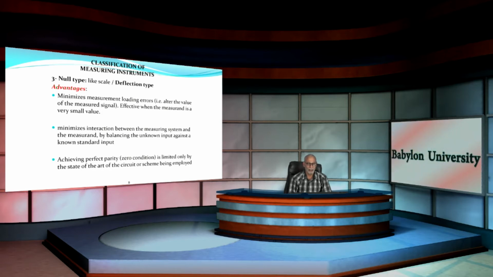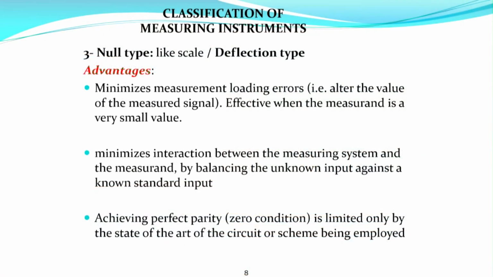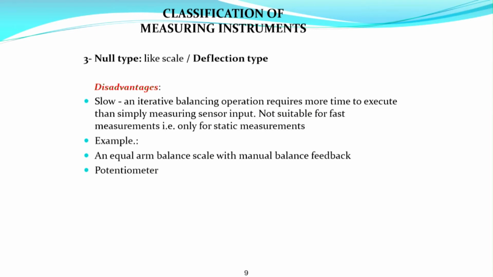Achieving perfect parity, the zero condition, is limited only by the state of the art of the circuit or scheme being employed. Disadvantages: slow, and the iterative balancing operation requires more time to execute than simply measuring sensor input. Not suitable for fast measurements, i.e. only for static measurement.